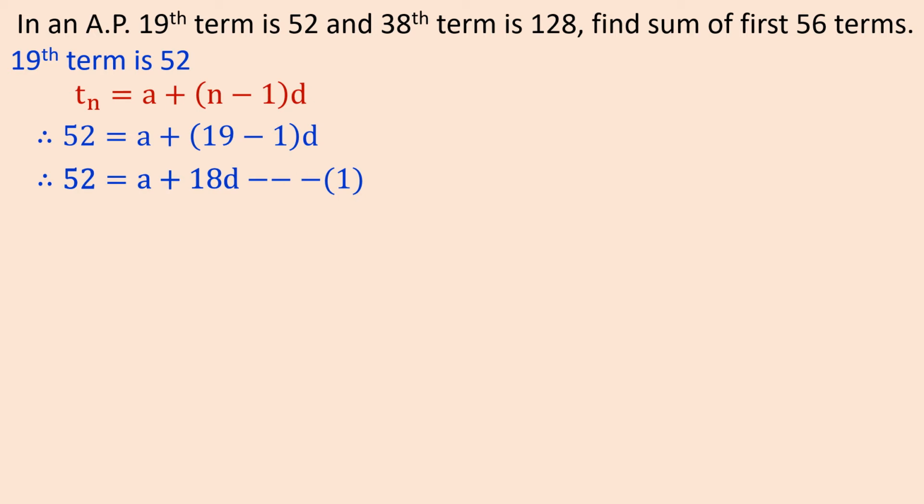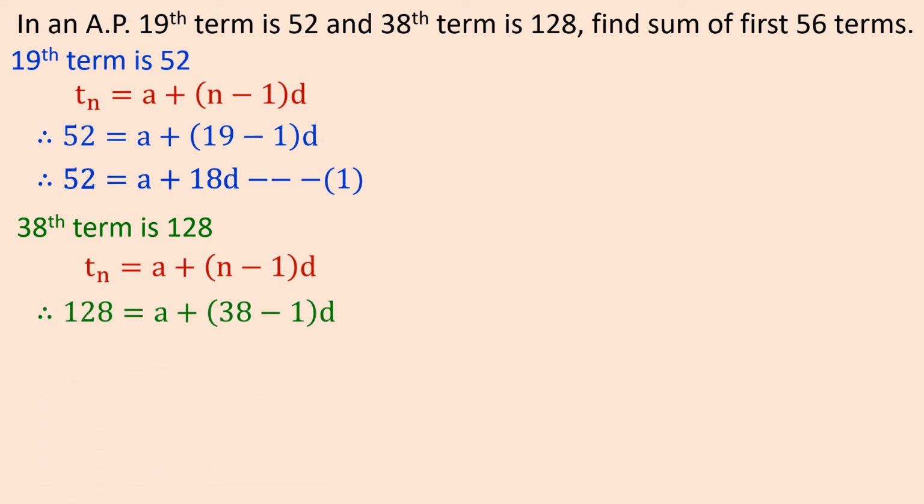Our second part says that the 38th term is 128, meaning n equals 38 and Tn equals 128. Again we will use the same formula, Tn equals a plus (n minus 1) into d.